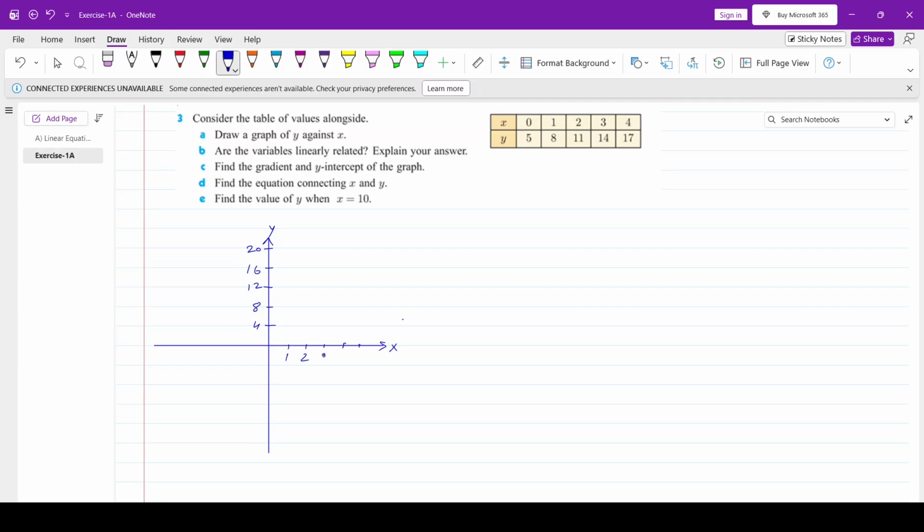This is 1, 2, 3, 4, 5. Now for x equal to 0, we have y equal to 5. So this point will be somewhere around here, (0, 5). For x equal to 1, y is equal to 8. For x equal to 2, y is equal to 11. For x equal to 3, y is equal to 14.